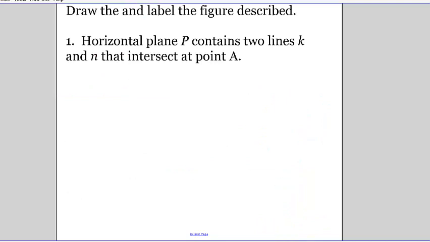Part of geometry is drawing and labeling pictures. A horizontal plane, and the book talks about horizontal planes. A horizontal plane, think of like the floor or the ceiling. We typically draw that in a parallelogram shape, just denoting that it's a plane.